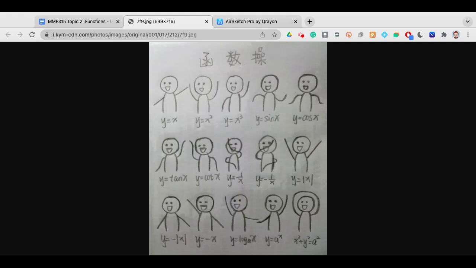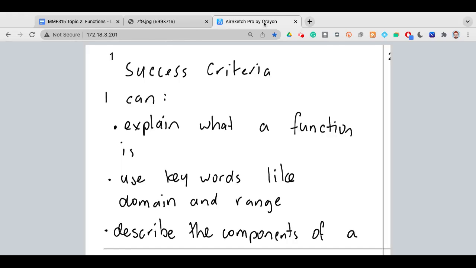So even though linear functions is really simple, I'm going to start with describing what a function is and using keywords. So success today looks like this. You can explain what a function is, really explain what a function is. I bet if I said to everybody here, write down an example function, I bet everyone here could do it.